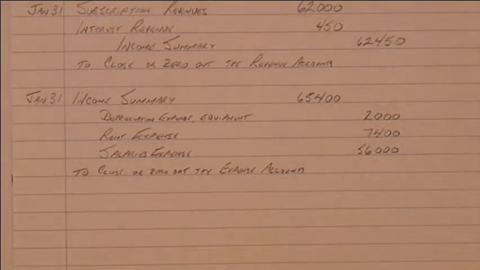So the description, of course, is to close or zero out the expense accounts. Now the next closing entry is closing out the income summary account, and the income summary account is incredibly temporary. It exists only for this purpose. I'm going to represent that with a T account I've drawn up here. This is the T account for income summary up to this point. This 62,450 was the entry that came from closing the revenue accounts.